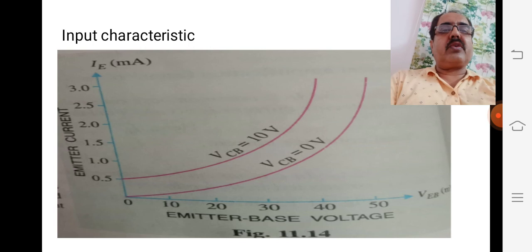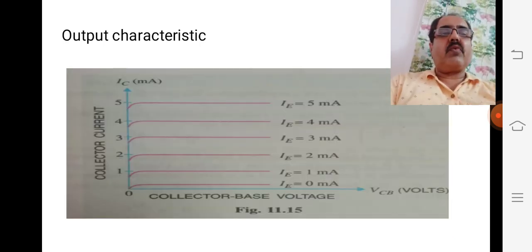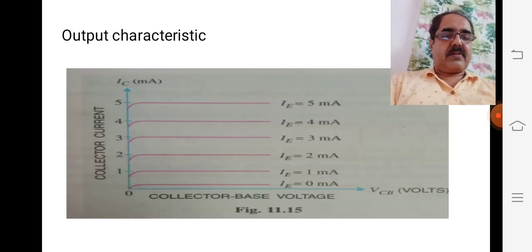In the last figure we considered input characteristics, and now we consider output characteristics.